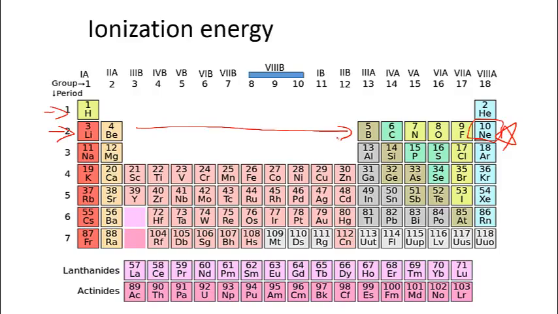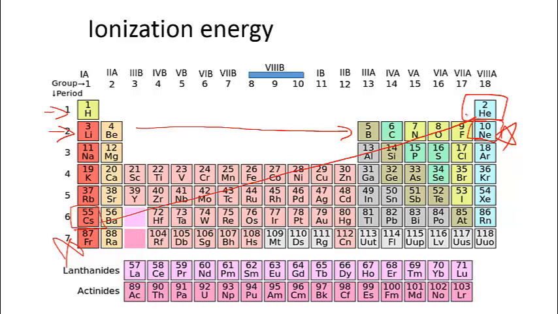Now, these trends in ionization energy would suggest that an element on the lower left-hand side of the periodic table, we'll say cesium because francium is actually a radioactive element, would be much easier to remove an electron from than an element up on the far right-hand side of the periodic table.